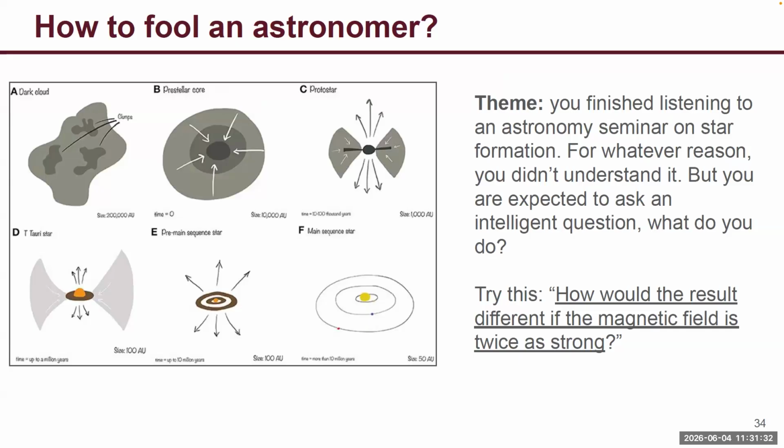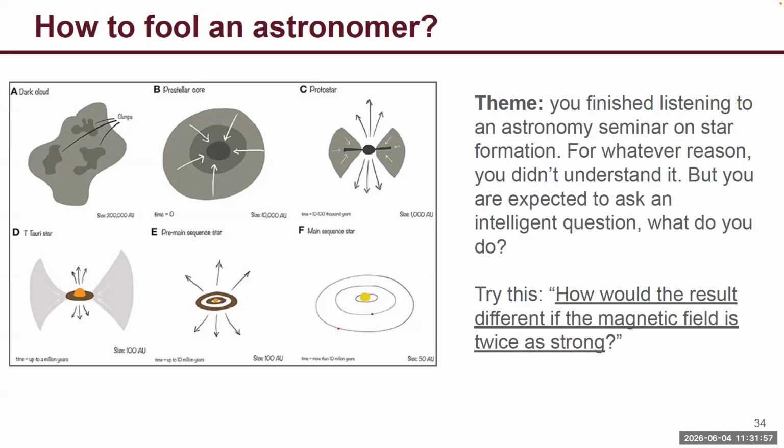When I was an undergraduate student, my astronomy professor said, imagine yourself listening to some lecture on star formation. You absolutely did not pay attention in the class, and you didn't know what's going on.